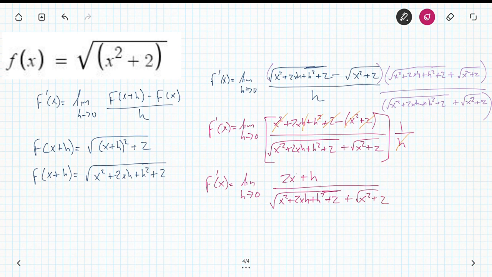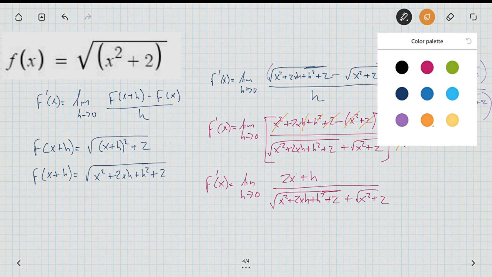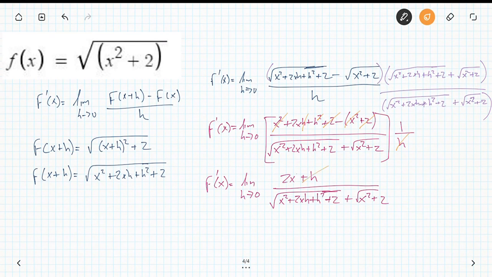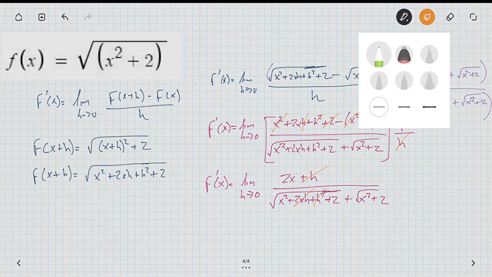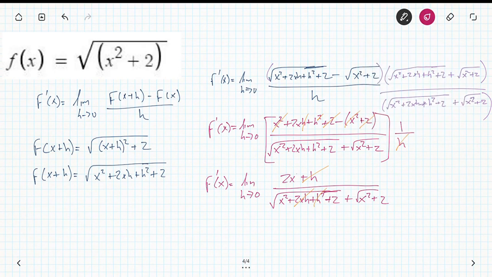Okay? Apply that limit now. Let's get rid of terms. This is so fun. This goes out, this goes out, this goes out, and you're left with something beautiful.